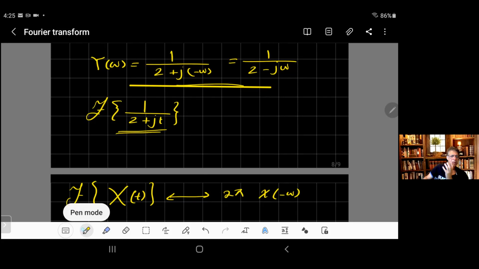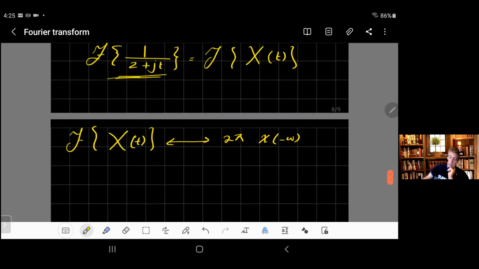You didn't get it? Let's do it in this example. We want to find the Fourier transform of 1 over 2 plus jt, which means you want to find the transform of the capital X, but instead of omega, you put t.